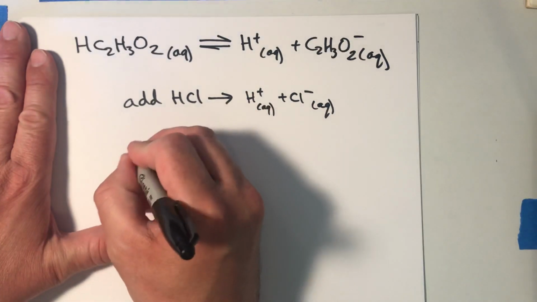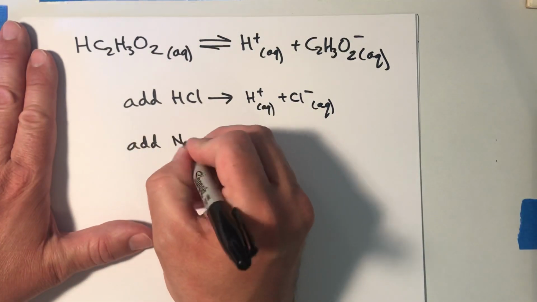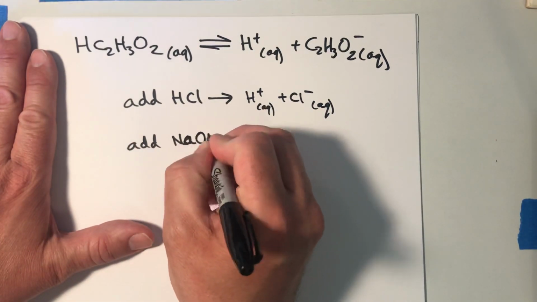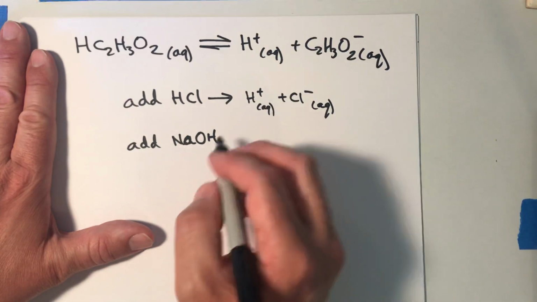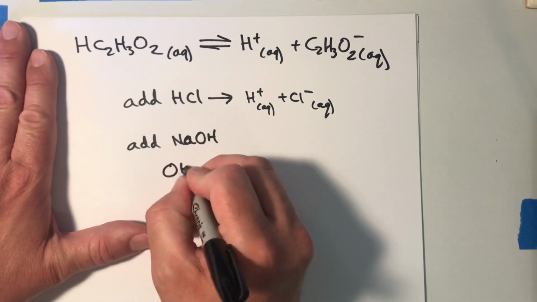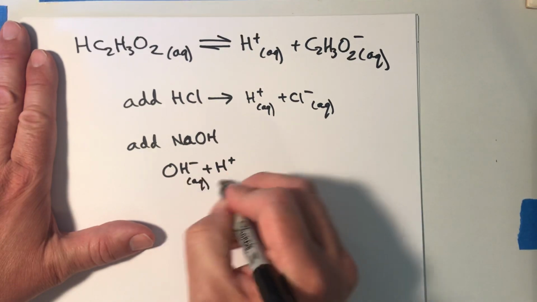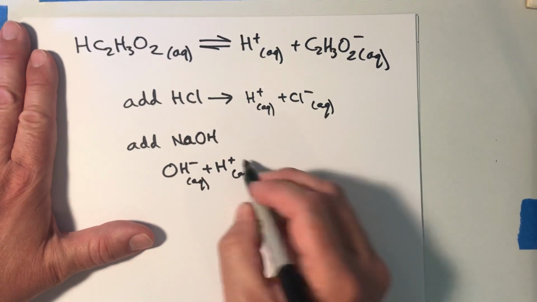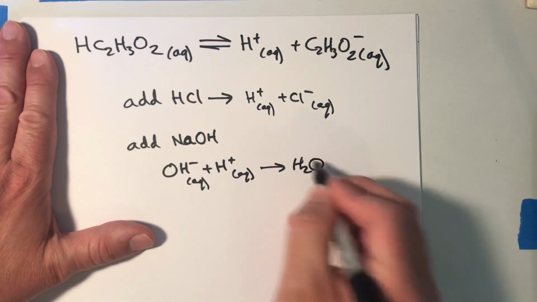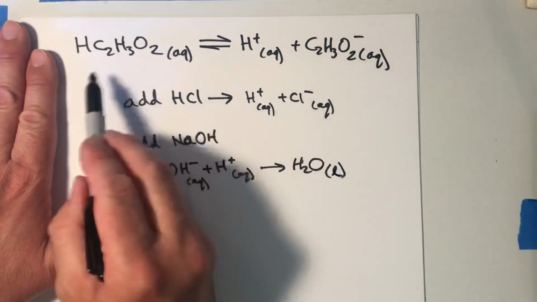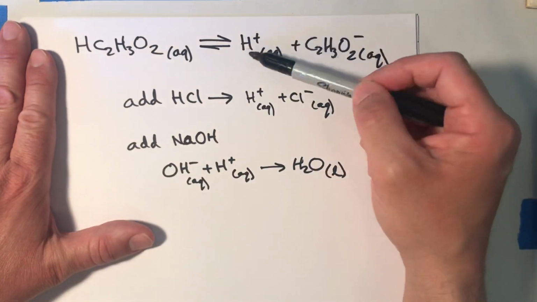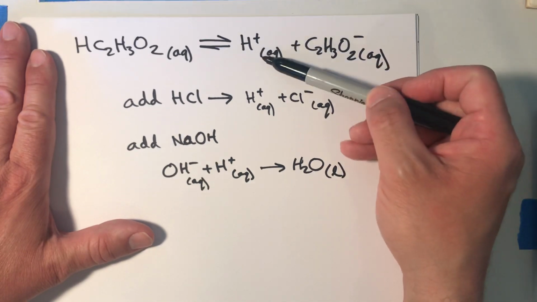So conversely, if you were to add sodium hydroxide to this solution or any other strong base, remember that the hydroxide is going to react most strongly with the H plus and make water. Well, what's that going to do to our equilibrium up here? What that's going to do is reduce the H plus concentration.